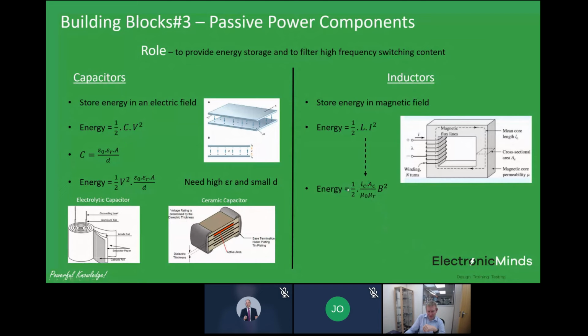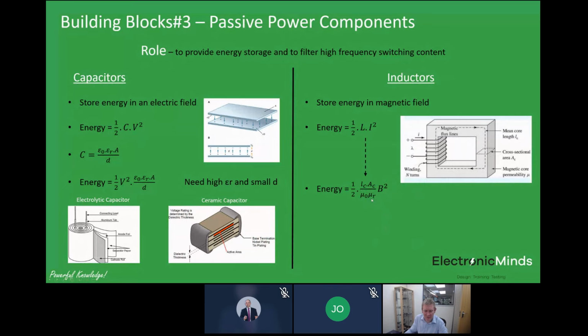This equation, if you look at it, the energy is directly proportional to the product of lc and Ac, where lc is the length of the magnetic flux lines and Ac is the cross-sectional area. So lc times Ac is the volume where the magnetic flux lines are contained. B is our flux density, so that's the number of magnetic flux lines per unit of cross-sectional area.